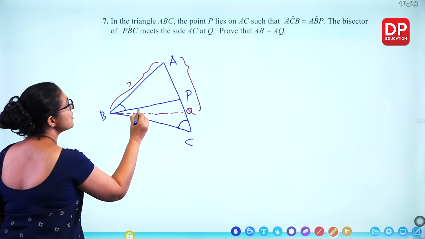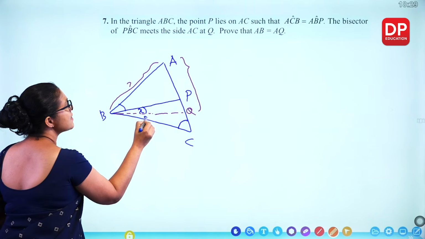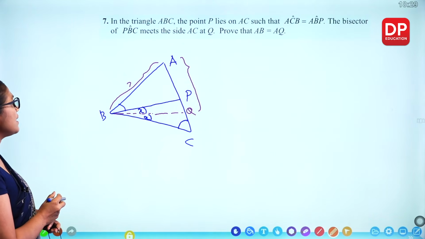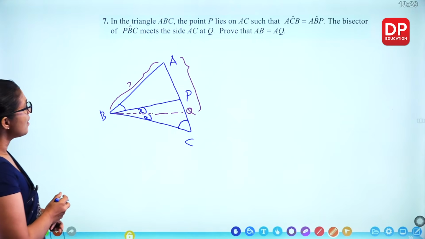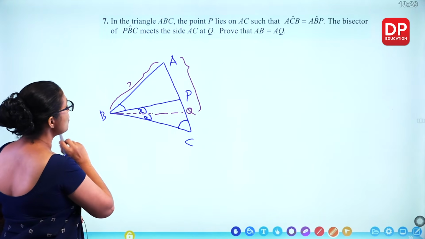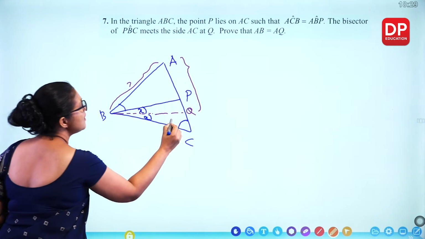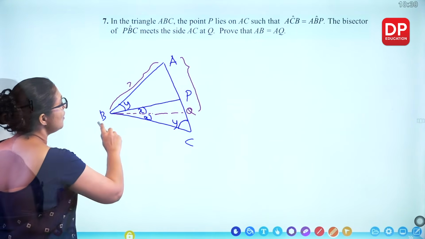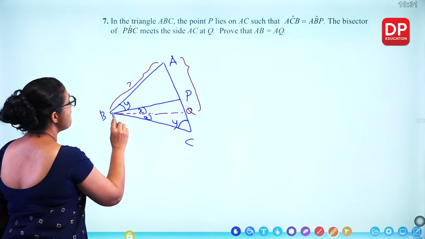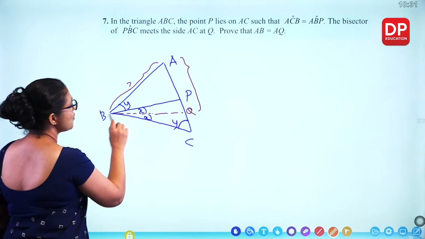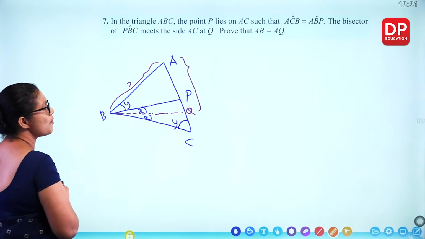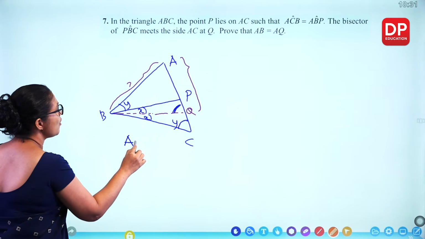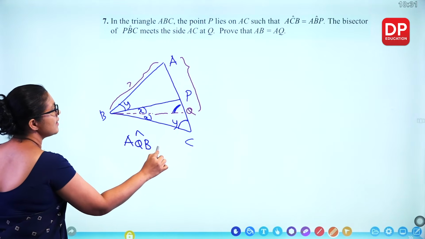So it says these two angles are equal and there is the bisector. So we will put X here and X here because BQ is the bisector of angle B. Now if this is Y, then this also becomes Y. Look at this triangle, BQC. This is X and this is Y. What can you say about this angle in triangle AQB?